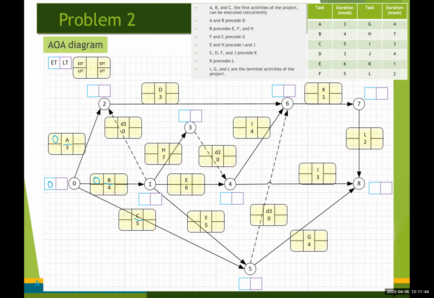So I'm going to put 0. And then 0 plus 5 becomes 5. 0 plus 4 becomes 4. 0 plus 3, it's going to be 3, right?